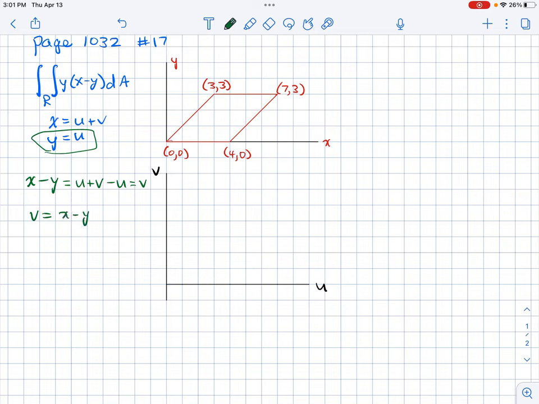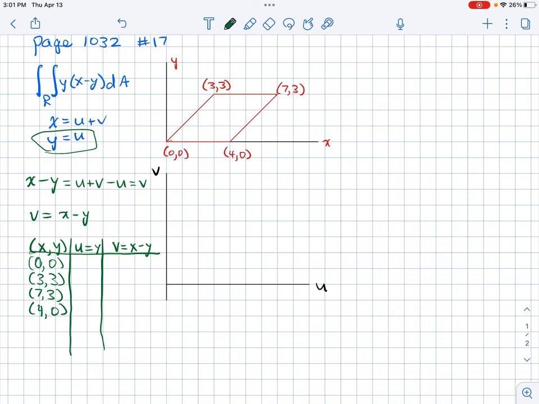So we've got a couple of things here. If we have an xy, I can figure out what the u is. The u is just equal to y. And the v is equal to x minus y. So let's see if we can take these points, 0, 0, 3, 3, 7, 3, and 4, 0.